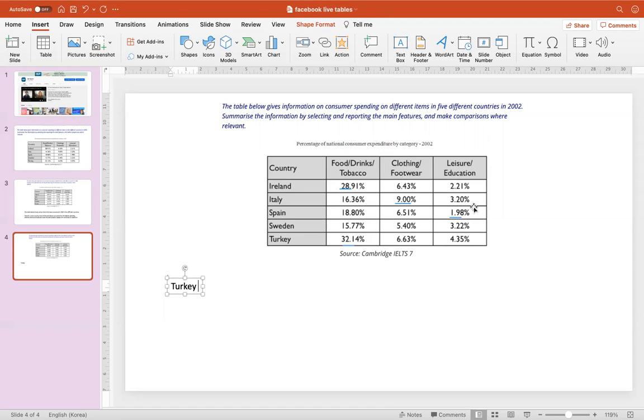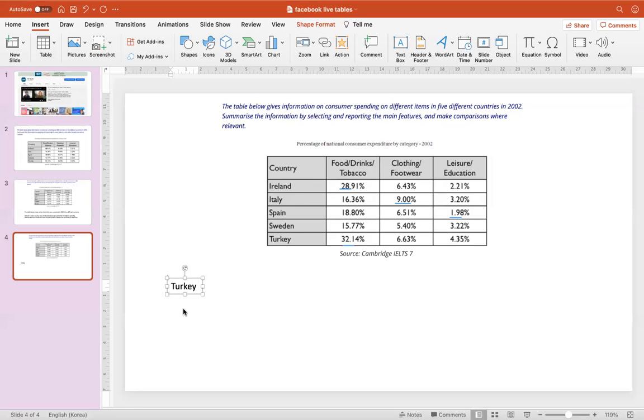It's pretty straightforward, guys. Just think about what's going to be the most logical for the person who's reading it, the examiner. How are they going to understand the information in the most logical way? I think the most logical thing is to talk about each one of these in turn and talk about the numbers within each category.